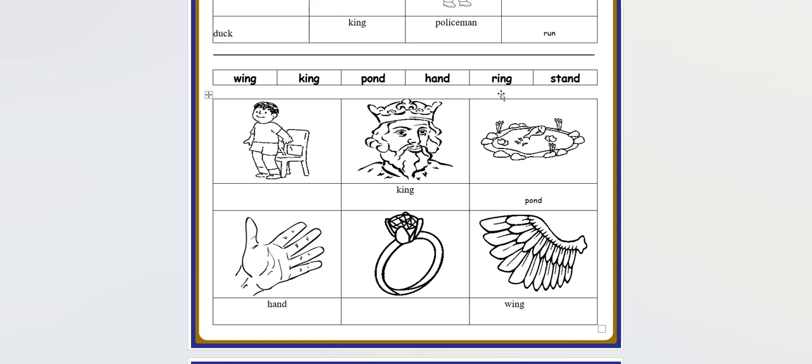Can we find a ring? Yes, it's here. Ring. And finally, stand. This boy is standing, so we write stand here.